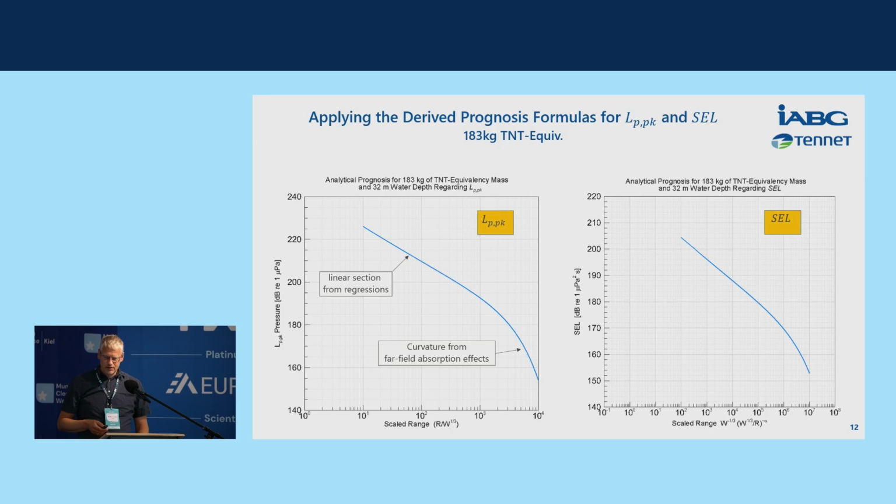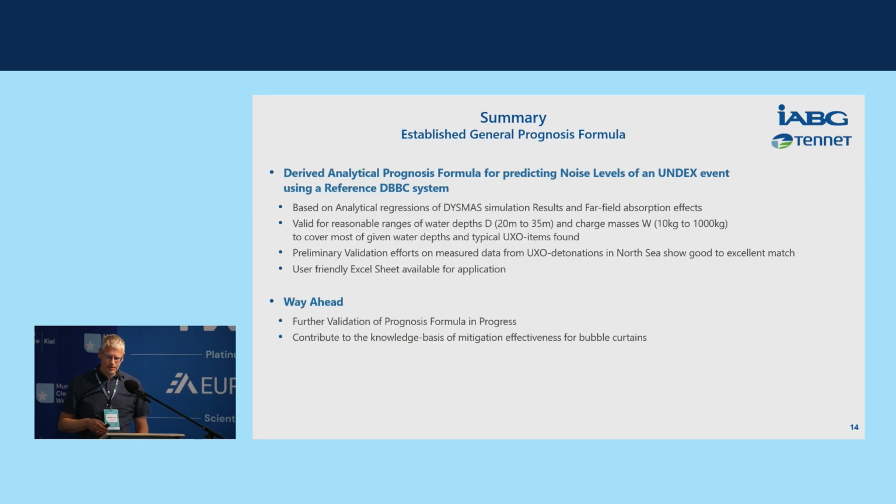And this is a typical result in the diagrams for the LPPK and the SEL. You have the linear section from regression, and for the far field, you get some extra curvature from the absorption effects. This we skip.